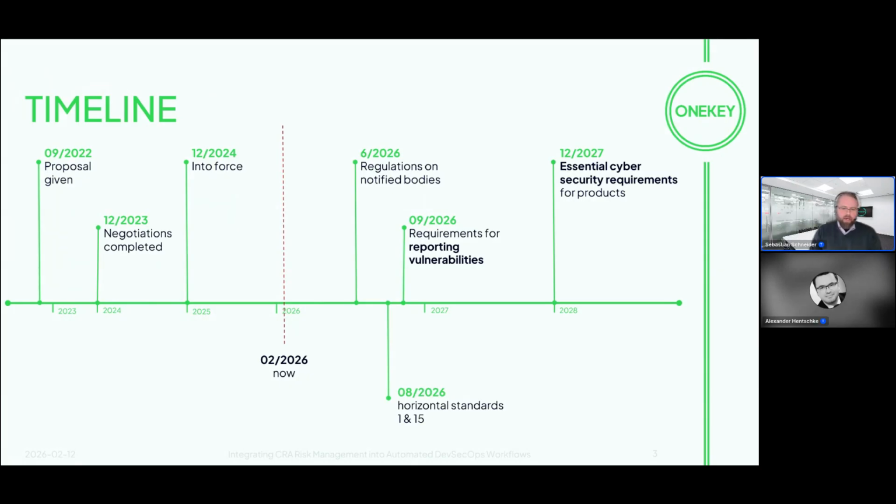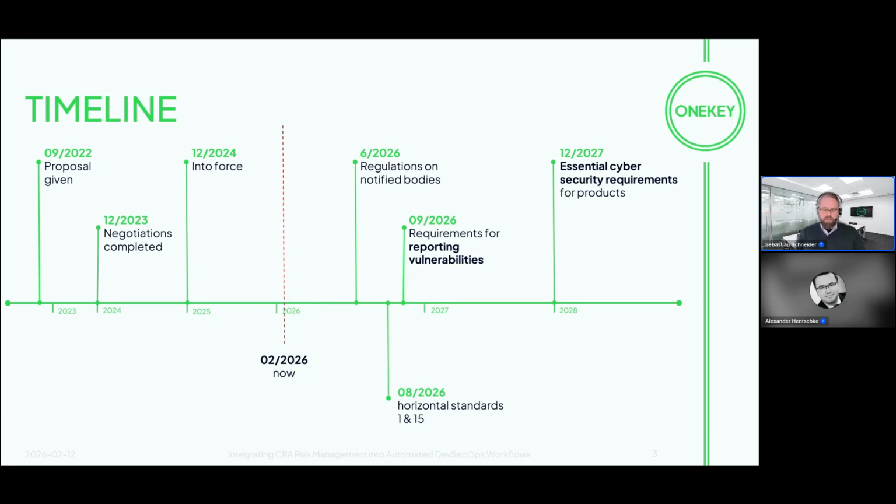In the meantime, there are some other milestones. So there will be horizontal standards that will specify in more detail which requirements must be fulfilled and how to accomplish these requirements. And in August this year, there will be 2 horizontal standards.